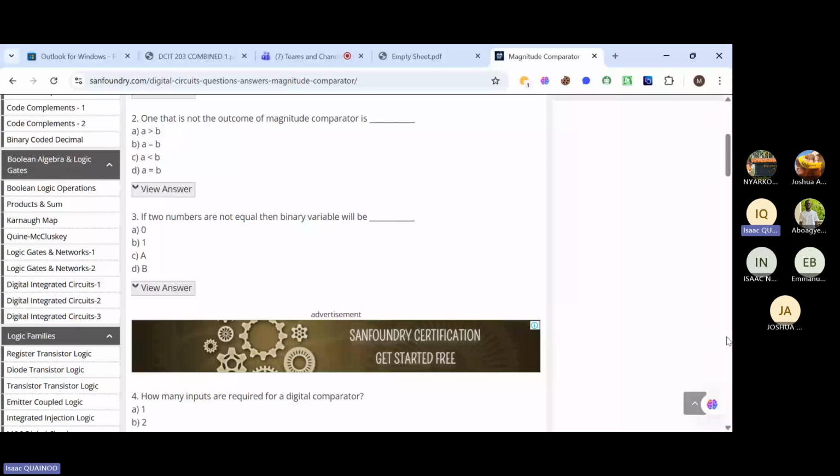So if 2 numbers are not equal, then the binary variable will be, please, let's look at this question technically.